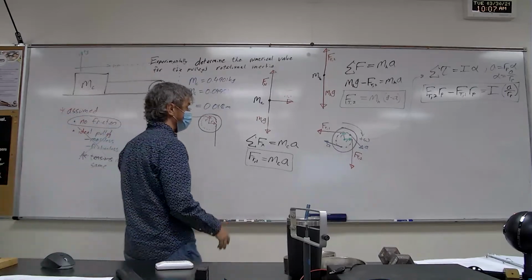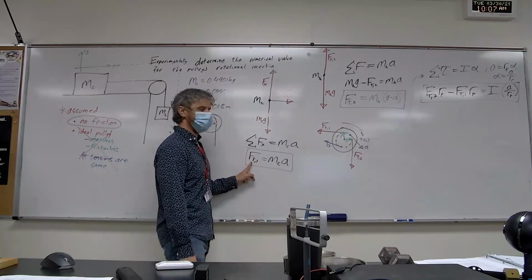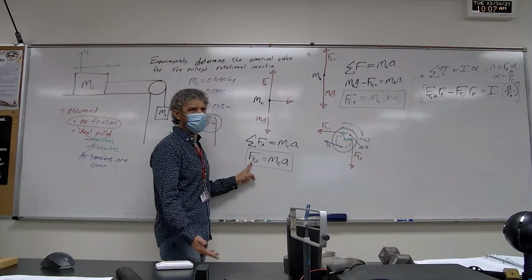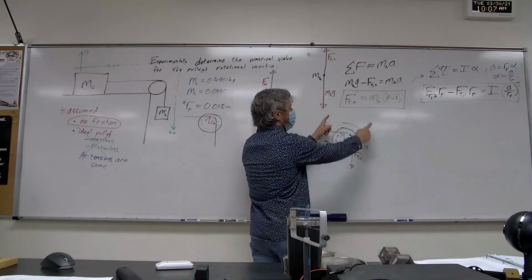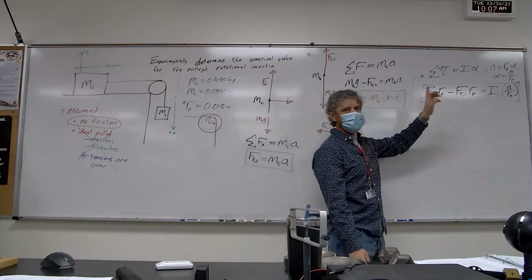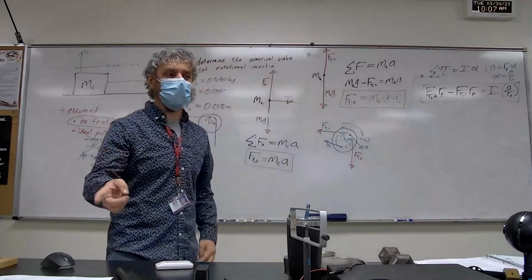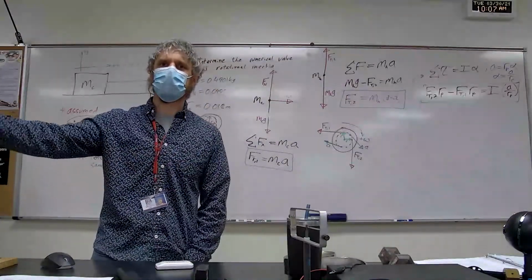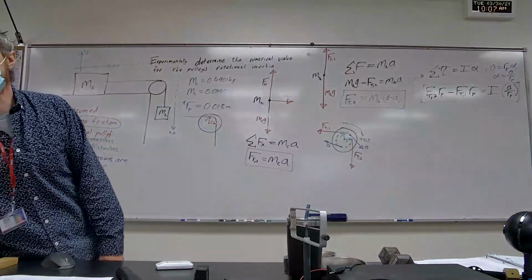The easiest way of solving this system of equations for I would be to solve this for the tension force 1, which we already did, plug that in here, solve this equation for tension force 2, which I already did, plug that in here, and then the only unknown would be the rotational inertia. So tomorrow at the beginning of class, we'll actually run this experiment, measure the acceleration, and finish that off, measuring the rotational inertia of this pulley.